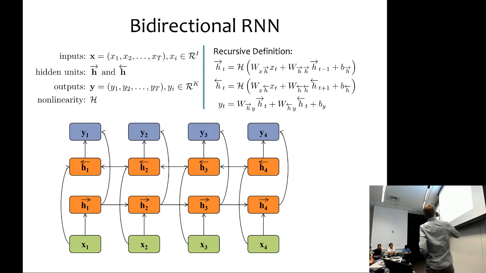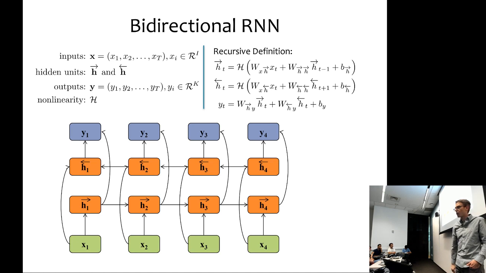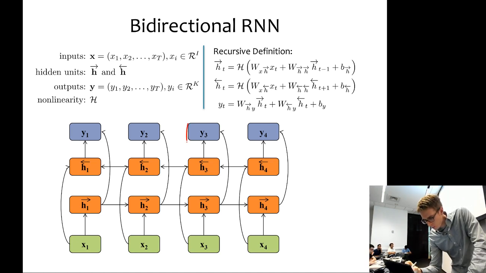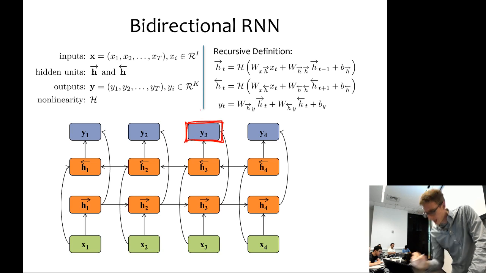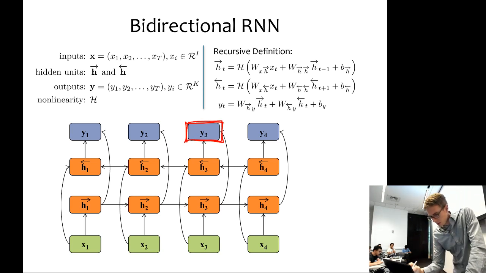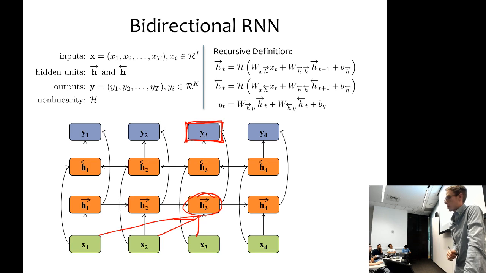And once you have both the right arrow H sequence and the left arrow H sequence, you can use each pair at a given time step to compute the output y. Okay. So why is this nice? Well, if we're outputting, say, a score for each possible part of speech tag, this H3 is going to encode everything about all of the previous words.